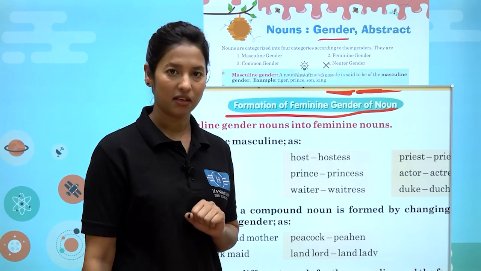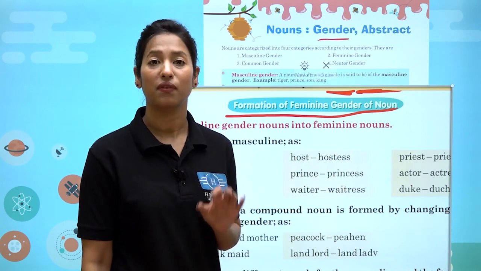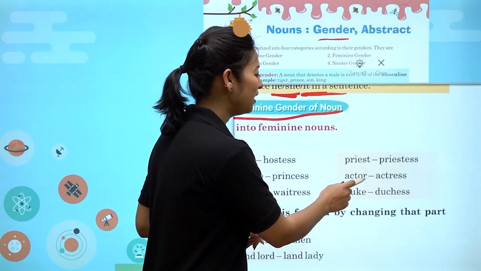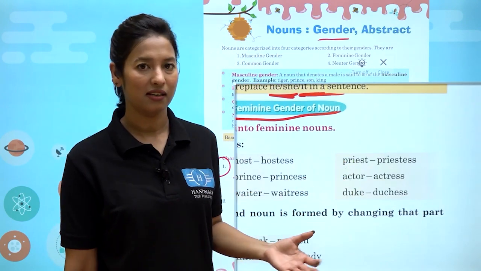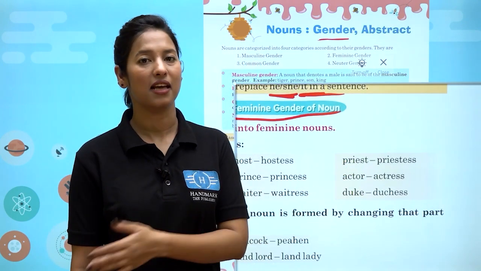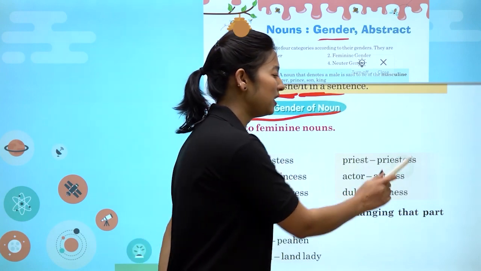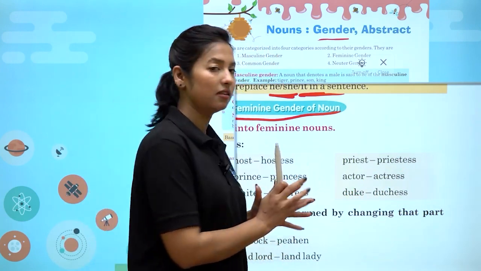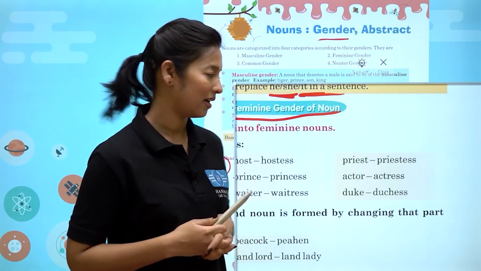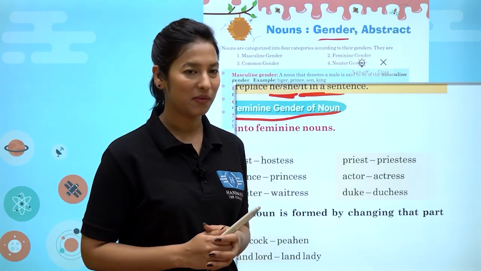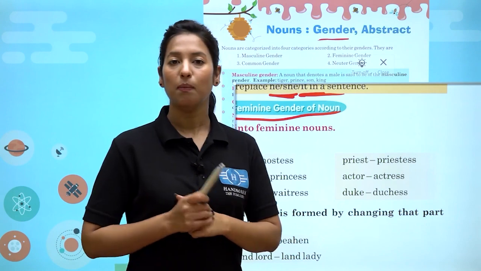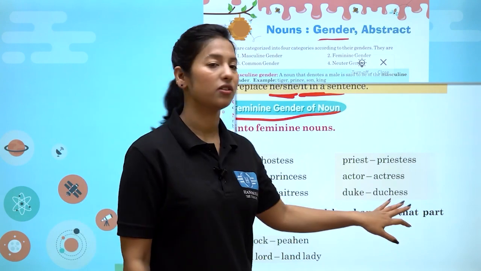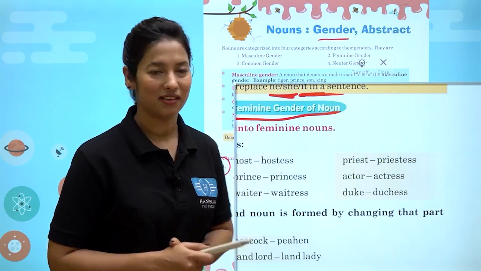Waiter is masculine, waitress is feminine gender. Similarly, the priest is masculine and when we add ESS to this, it becomes priestess, which is a feminine gender. Actor is a masculine gender and actress is feminine gender. Duke is a masculine gender and duchess is a feminine gender.